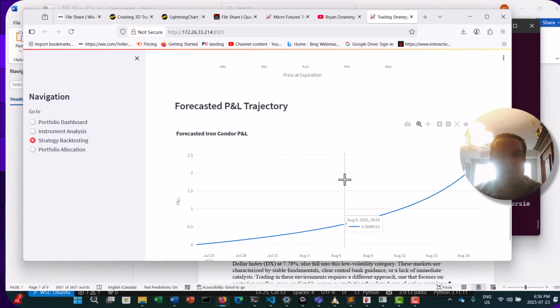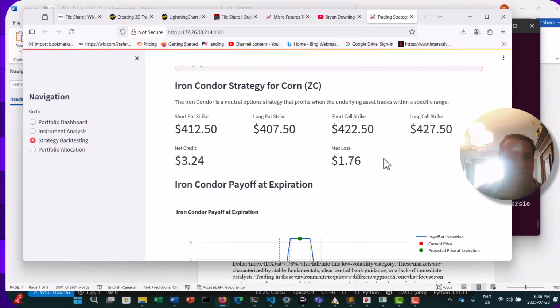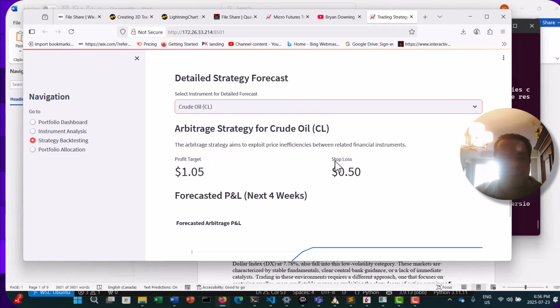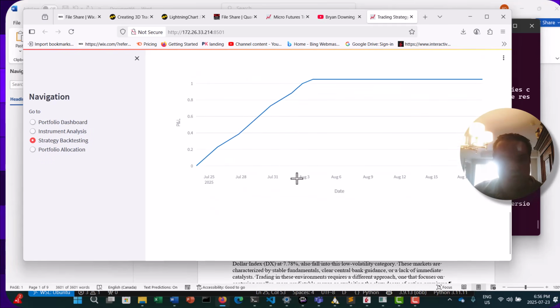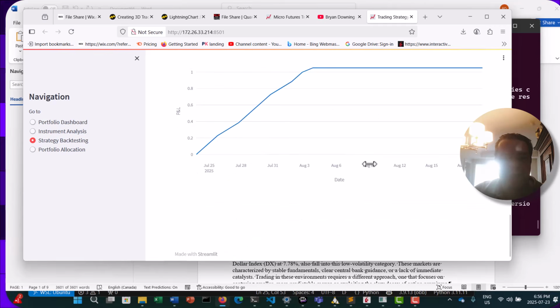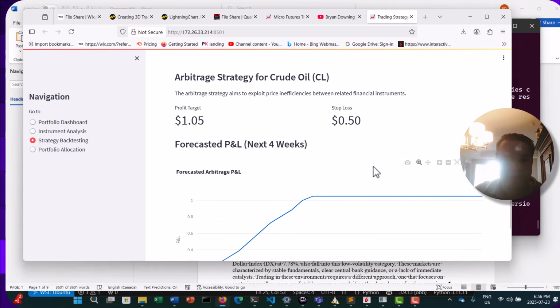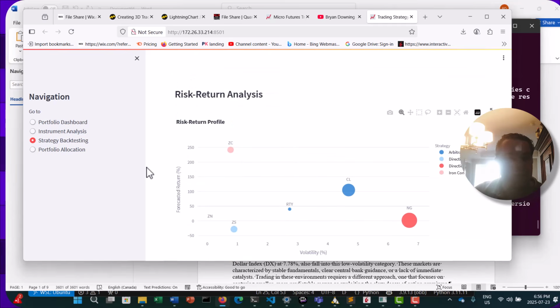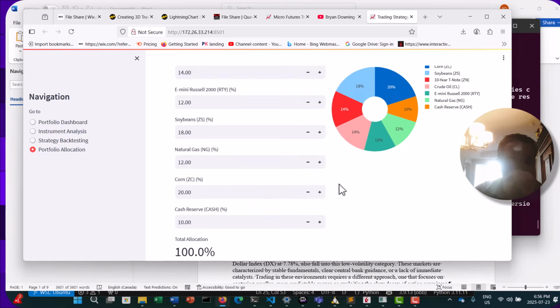So now I know this is going to be the highest for corn, and if I do the same thing for oil, I might get a buck, ooh, and here it's just arbitrage as well. So here it's recommending to do the portfolio allocation.